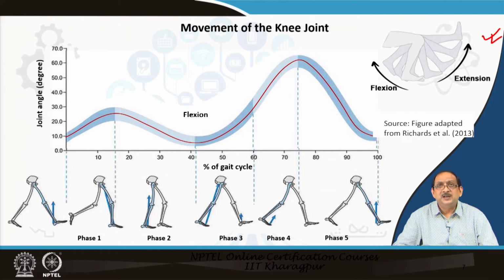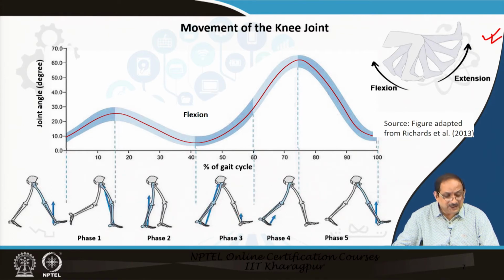Now, how does the joint angle vary during a walking cycle, primarily due to the movements flexion and extension, is explained here. The flexion and extension of the knee joint is cyclic and varies between 0 to 70 degrees. These variations may be related to differences in walking speed and subject specific parameters.